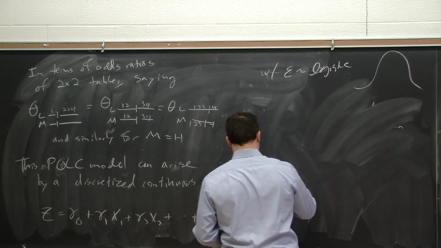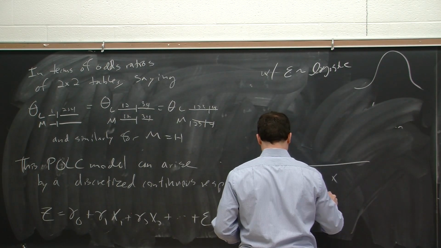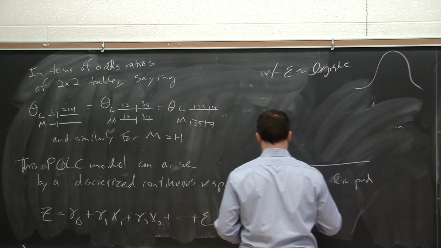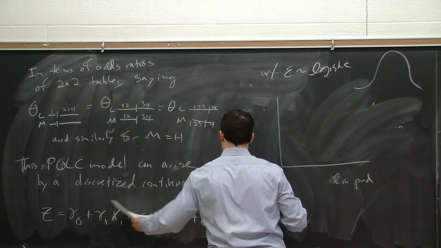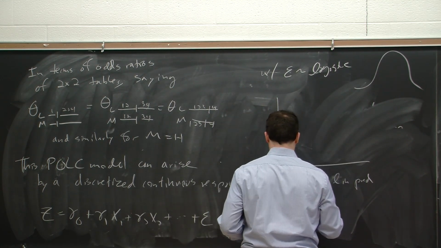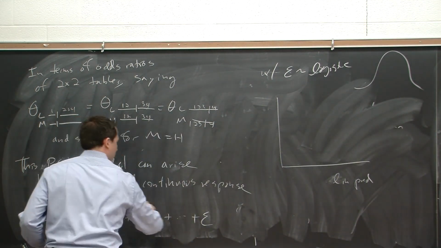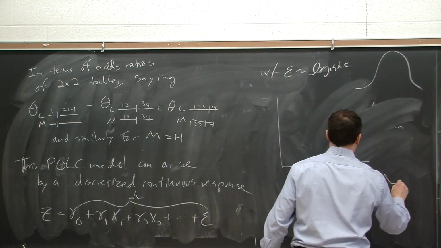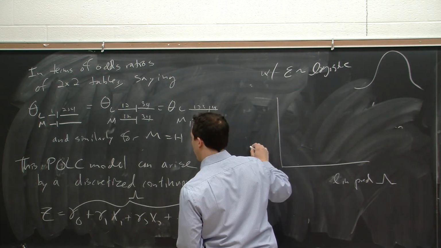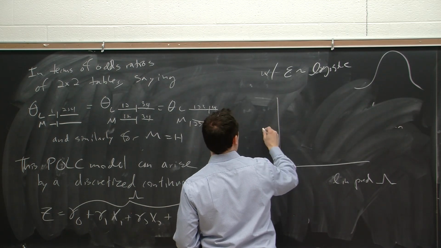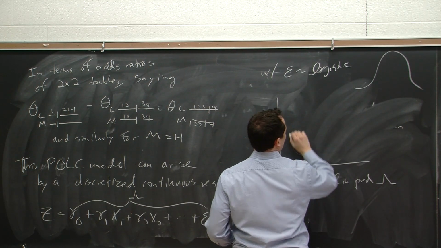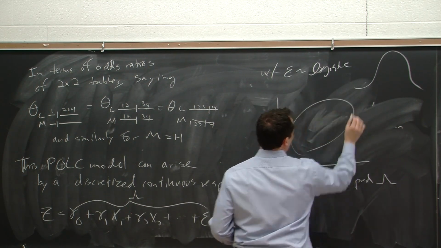So the picture is X, or linear predictor, I guess. So this quantity, let's call this capital lambda. And here we have our response. And so we have some sort of nice regression, elliptical thing.